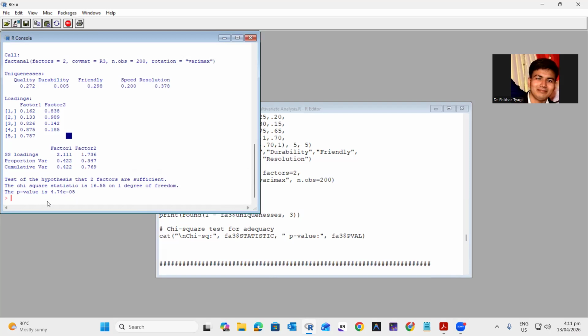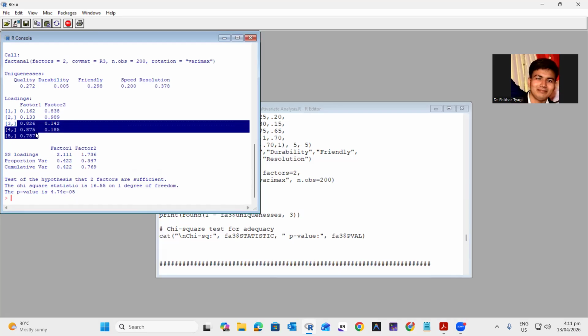Quality and durability load strongly on factor 2 here, and friendly, speed and resolution load more on factor 1. These three values are very high, so they load highly on factor 1, and the first two load highly on factor 2.